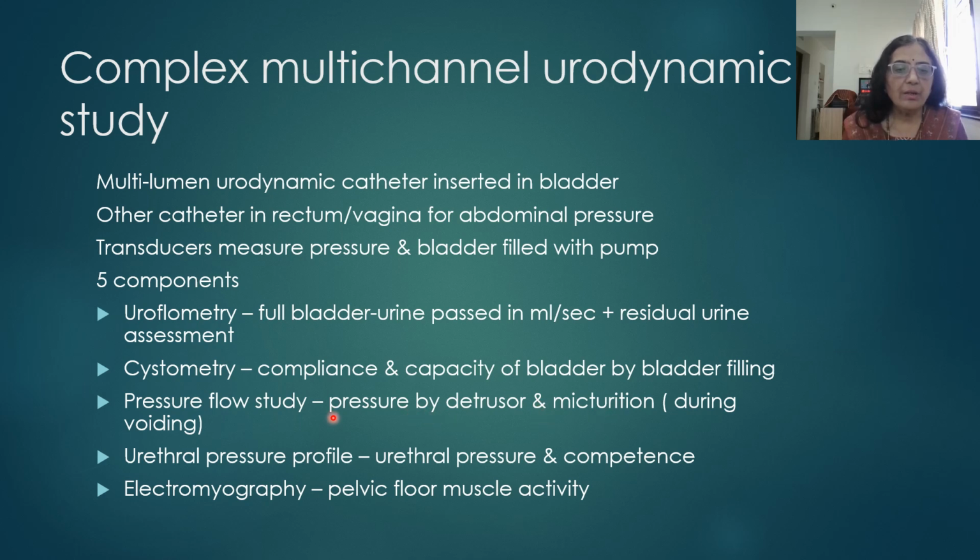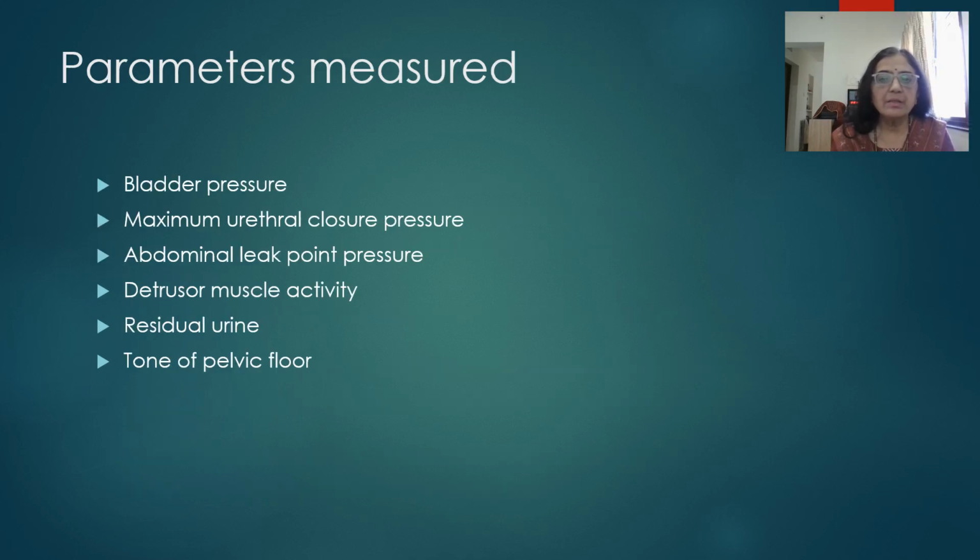Then urethral pressure profile: the urethral pressure and the urethral competence, whether the urethra is competent or incompetent. Then electromyography of the pelvic floor muscle activity is done mainly to assess the supports of the urethra. So these are the five components which are assessed.